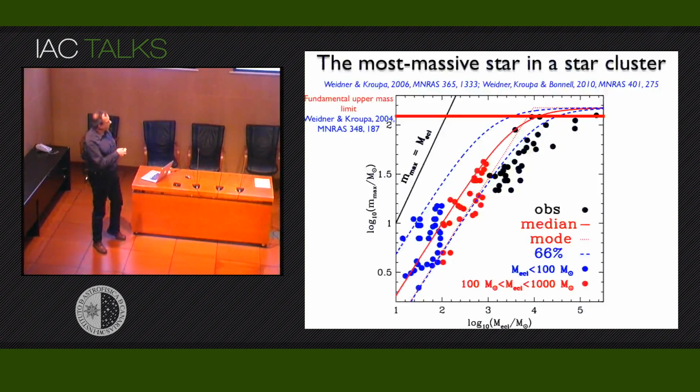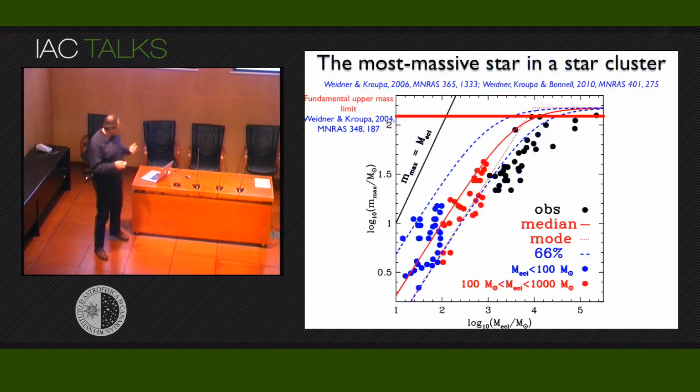found here is that there seems to be a fundamental upper mass limit for stars, independent of how massive the cluster is. We first saw this for R136 in 2004, and Don Figer showed a similar result for the Arches cluster close to the center of the Milky Way.